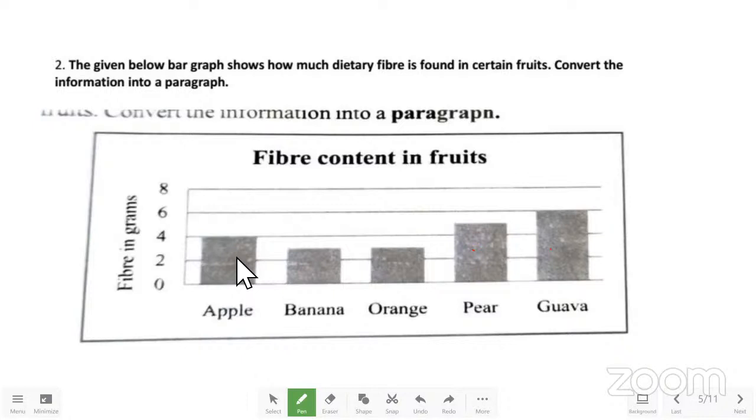So instead of mentioning all this, you mention one or two. You start off with, this bar graph shows the fiber content in fruits. And as you can see, the maximum fiber content is found in the guava, followed by pear. Next in line is the apple, with the least, banana and orange, at 3.